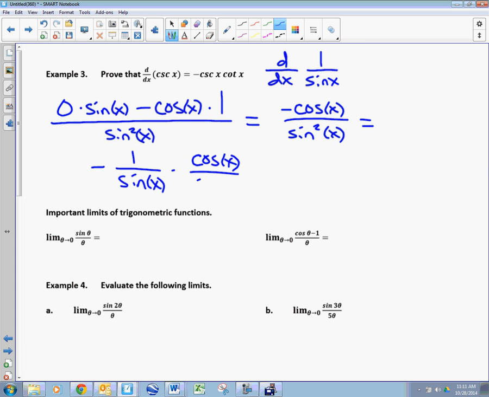Cosine of x over sine of x, which is, as you guys said, cotangent. So you can see here I have a negative cosecant. And then cosine of x over sine of x is, in fact, cotangent of x. So we just proved that the derivative is, in fact, that.